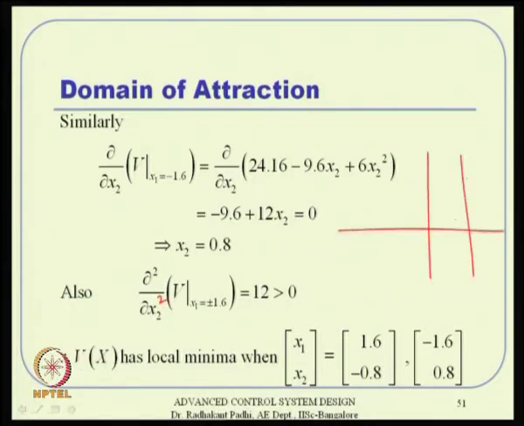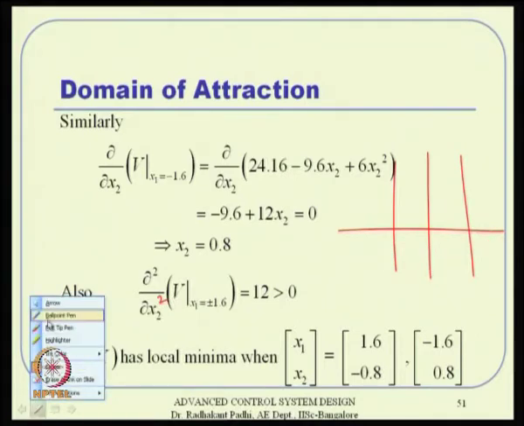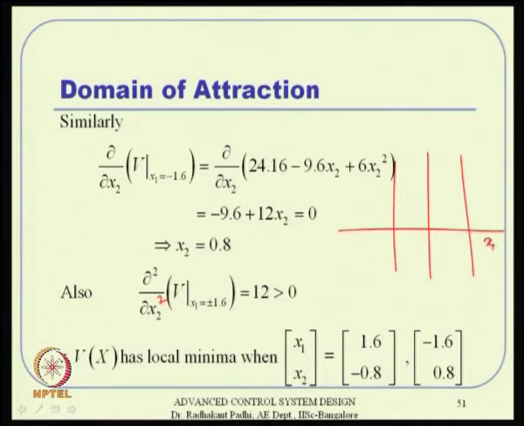So, that is the thing that we discussed before, that there is a stripe sort of thing, this stripe, x1, x2. This is x1, this is x2, this is 1.6, minus 1.6, this stripe that we are talking about. Now, we are having some x2 values also, and if x1 is plus 1.6, x2 happens to be minus 0.8 actually.